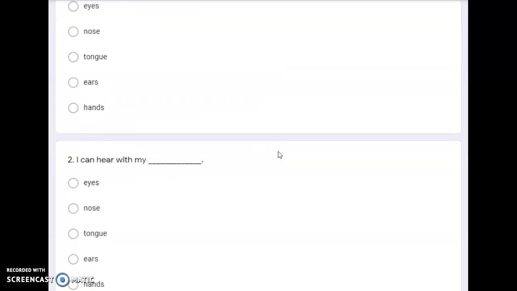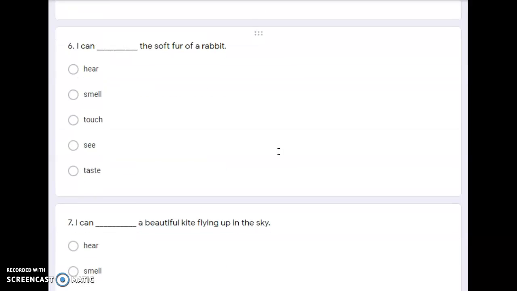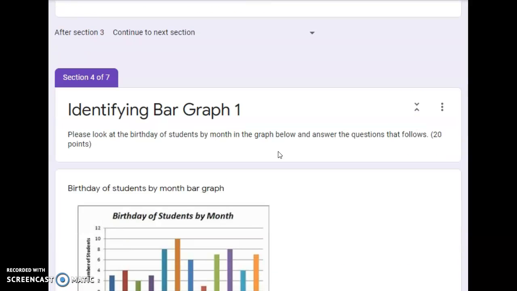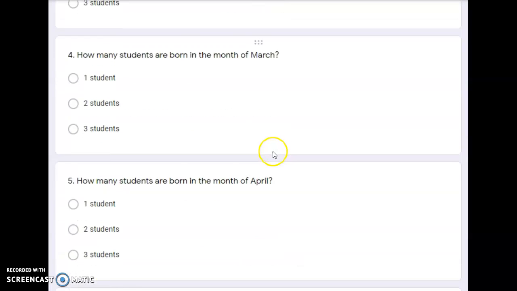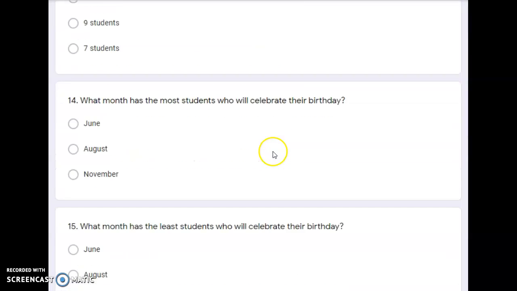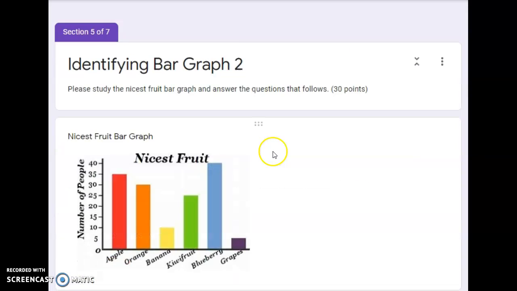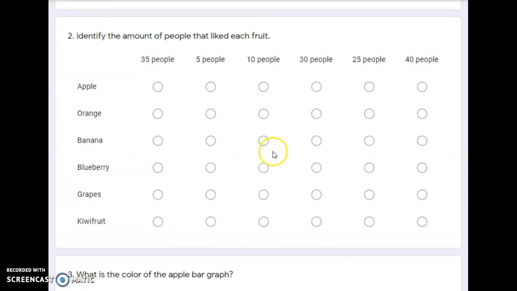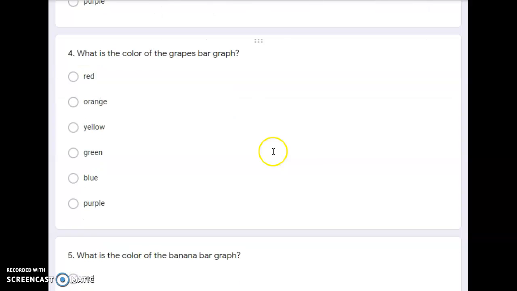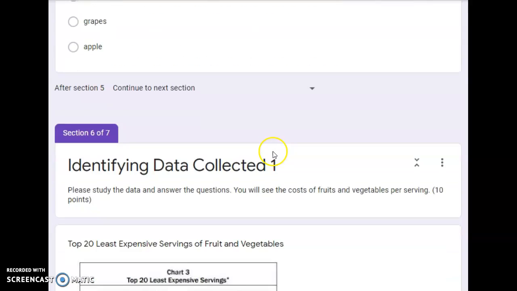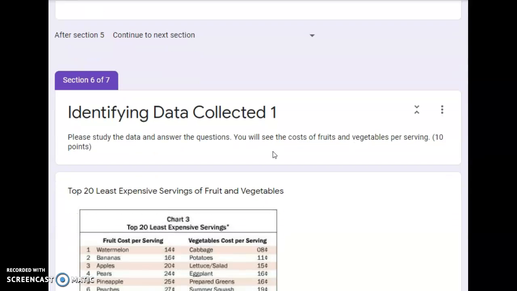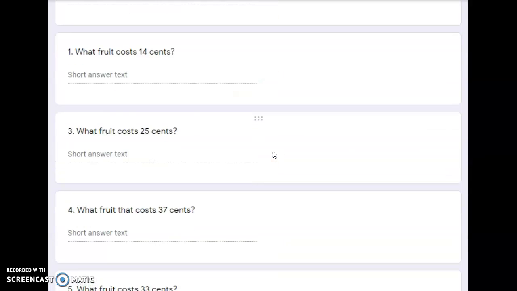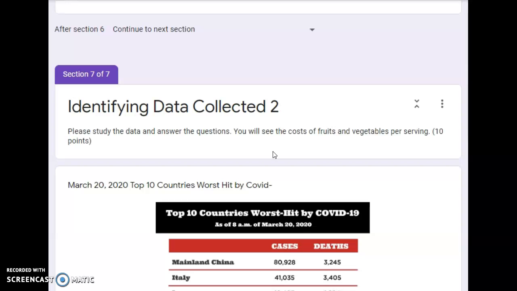Section 4 is identifying a bar graph, and section 5 is about another graph. Section 6 is identifying data, and section 7 is also about identifying data.